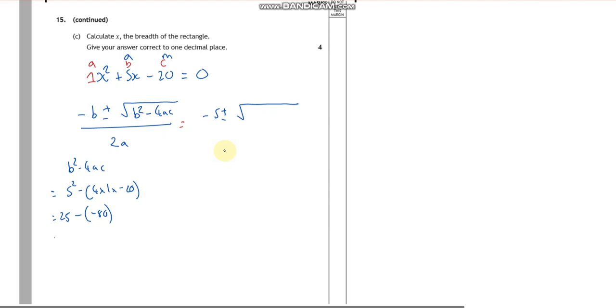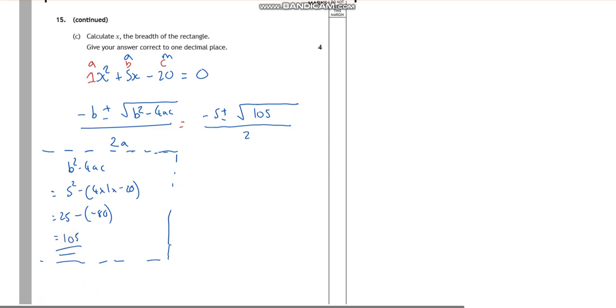So that's going to be 105 because 2 negatives make a positive. So I tend to do that just on its own. And don't forget, if you've got a positive b squared minus 4ac, that means I've got 2 real and distinct roots. If it's equal to 0, I've got 2 equal roots. If it's less than 0, this will not solve, and it means I've got no roots. So the square root of 105, divided by 2 times a, which is just 2.